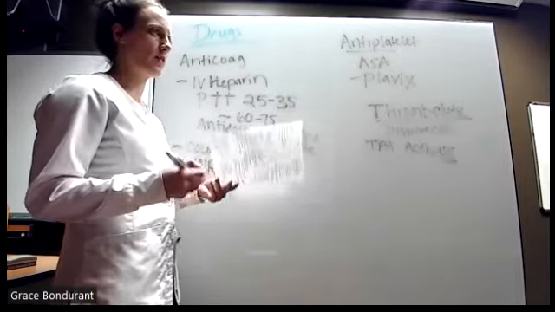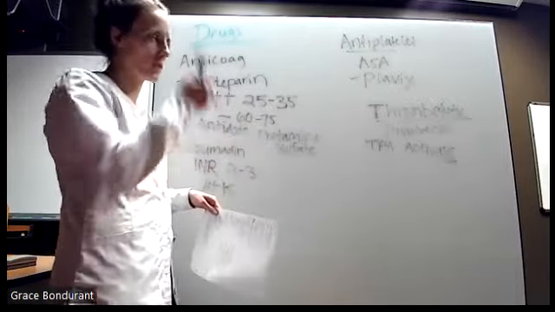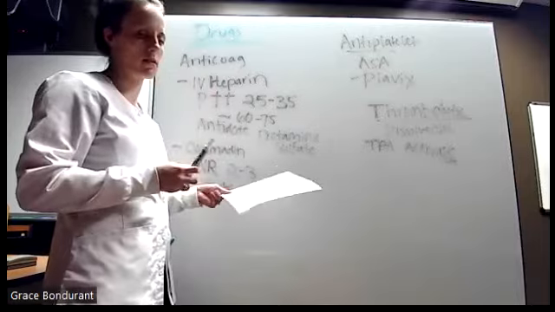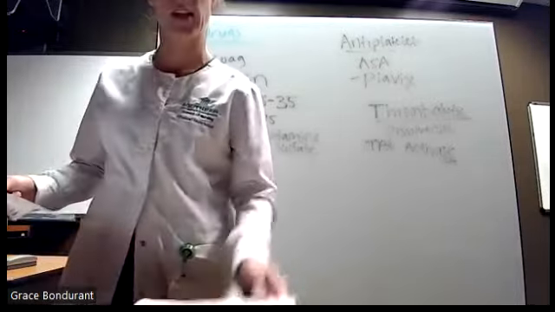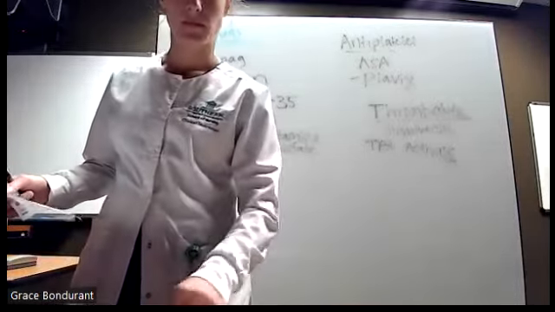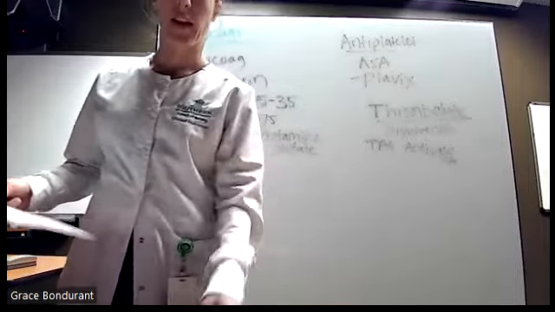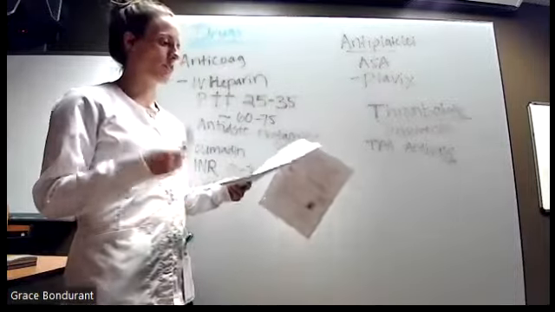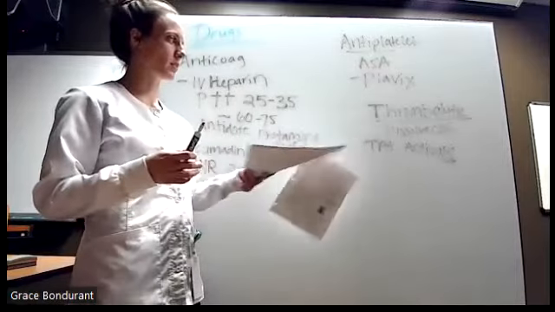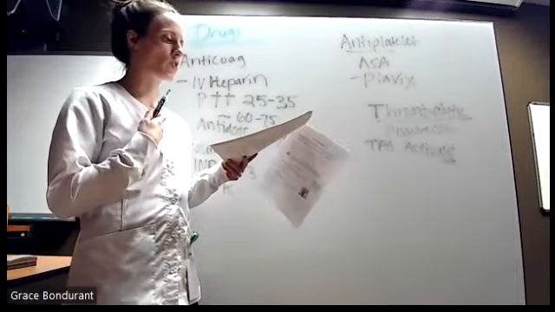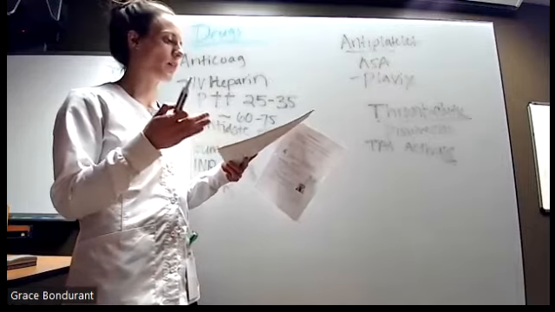Was there anything else in your notes about the criteria for this? I know there are some contraindications. Contraindications mean that if you have these things, you can't get the TPA. Mine says if you're over age 80, no TPA for you.